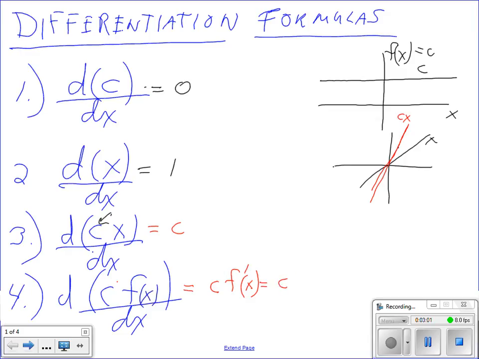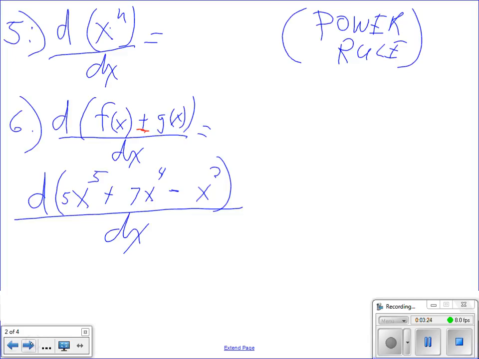I could write it C dy/dx, assuming y is equal to a function of x. I'm developing these formulas to make taking derivatives easier. You'll probably forget that the derivative is based on a limit, so we'll have to go back and remind you, but here's where we start making things happen.